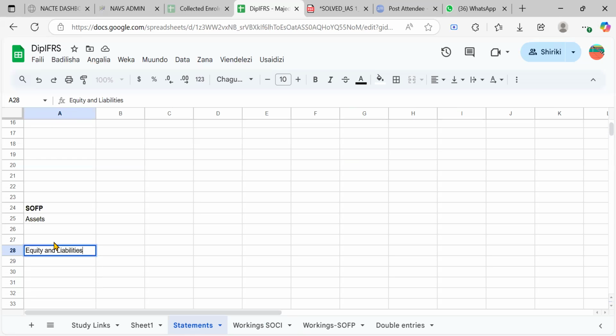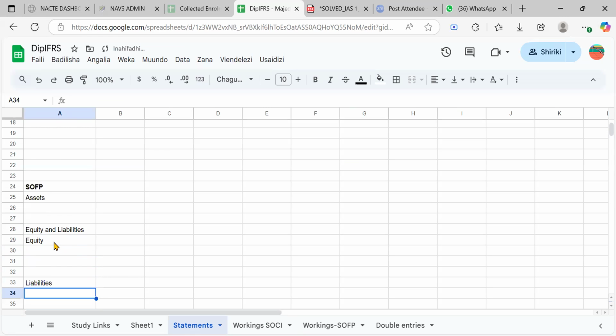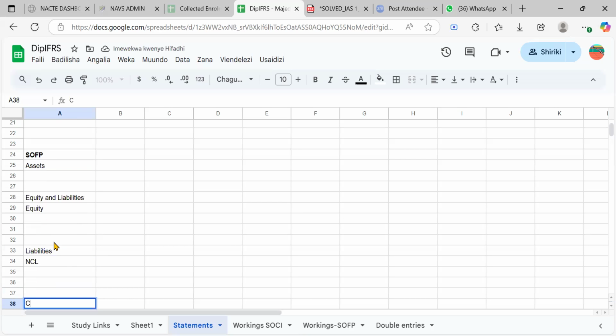At which point we will have to explain how we got our equity alone, right? And then explain how we got our liabilities. And as for the liabilities, we'll start specifying. Maybe we have the non-current liabilities, and then we'll come to the current liabilities, right? Just that way.